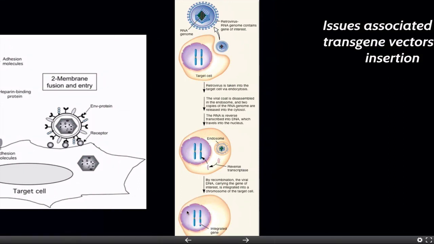Okay, so now this cell has, and all of its descendants will have, a functional copy of ADA.